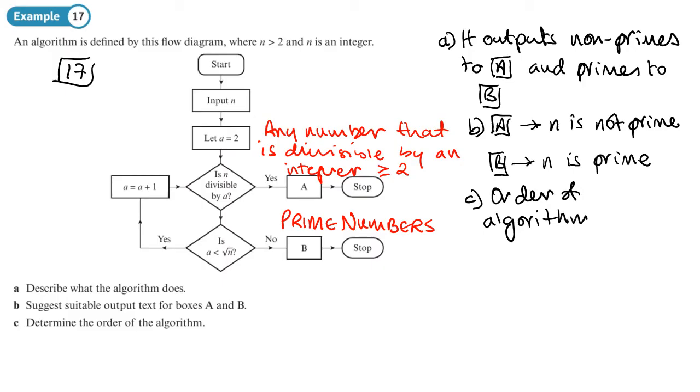It's not exactly root n, because for some numbers, the number of times you go around isn't exactly the square root of n. So for example, when we had 9, which happens to be a square number, is 9 divisible by 2? No, it's not. So we have this processing time once.